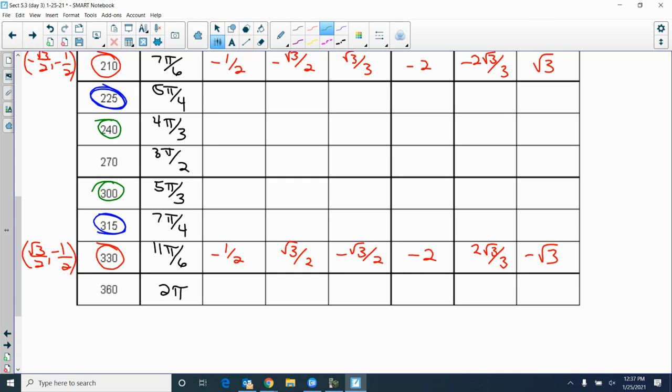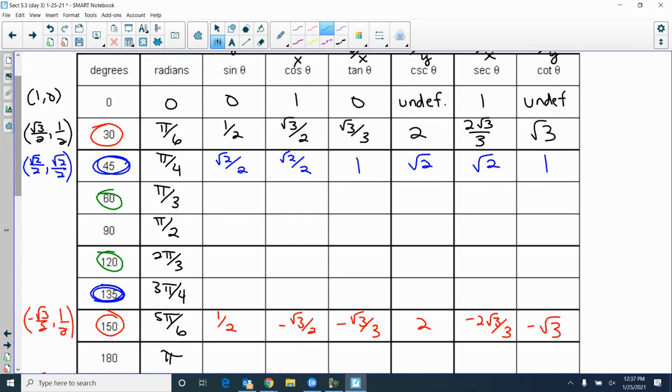For 60, the coordinates of the point are 1/2, radical 3 over 2. So sine is going to be square root of 3 over 2. Cosine is going to be 1/2.